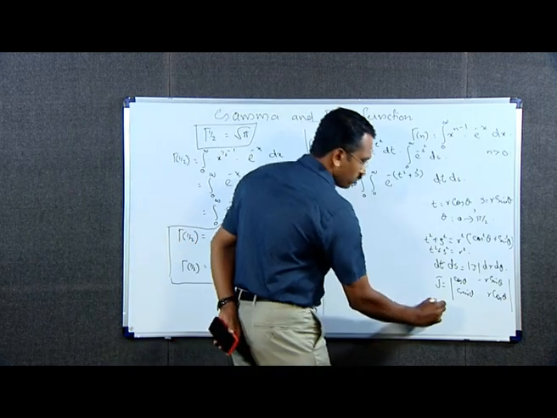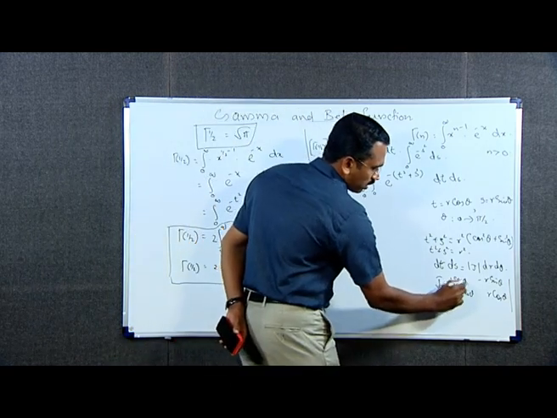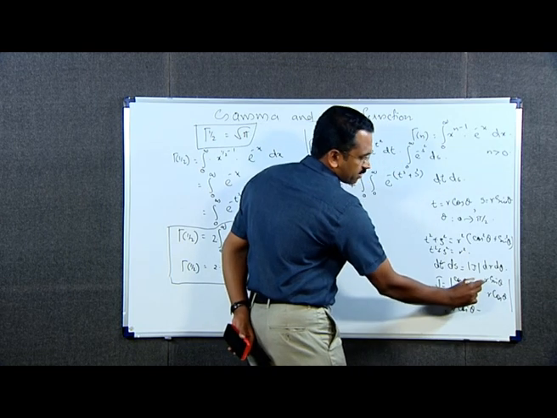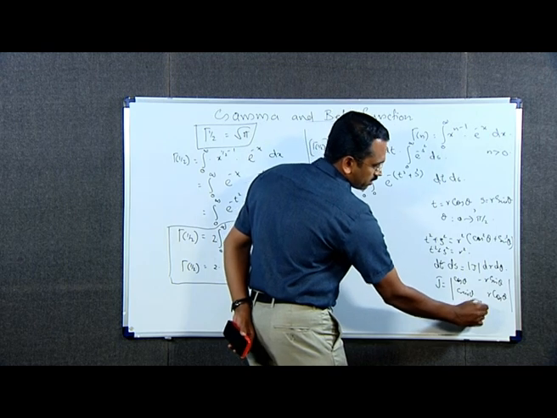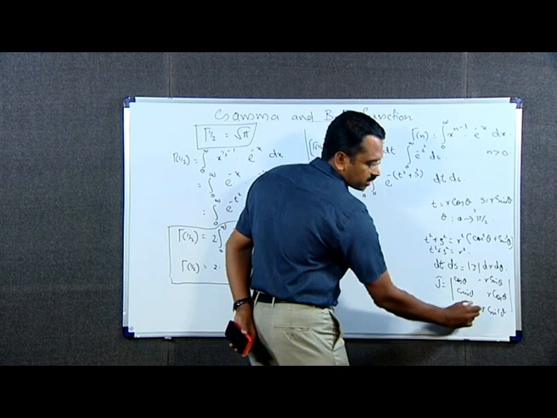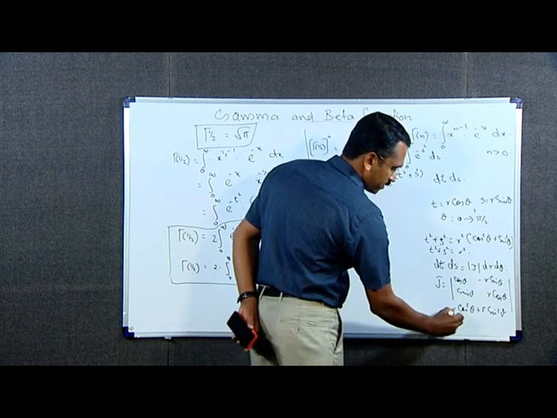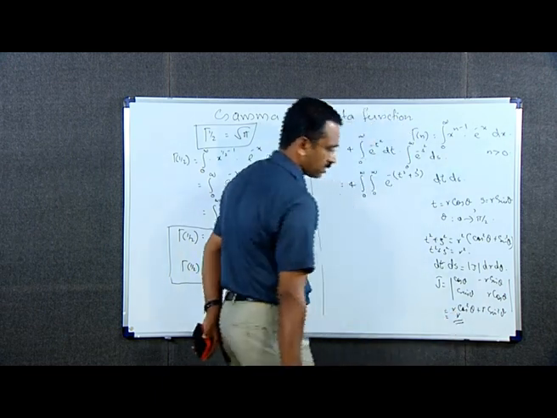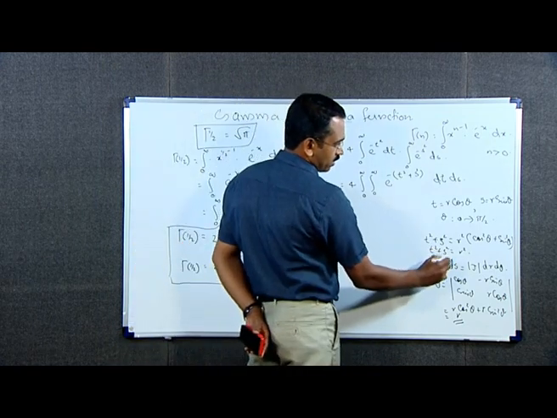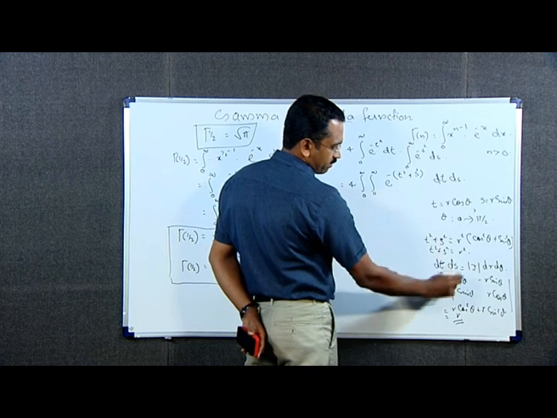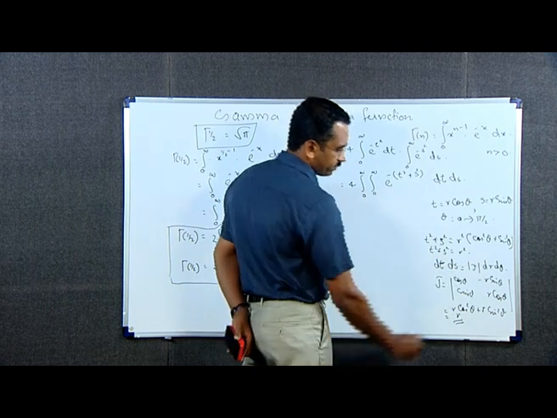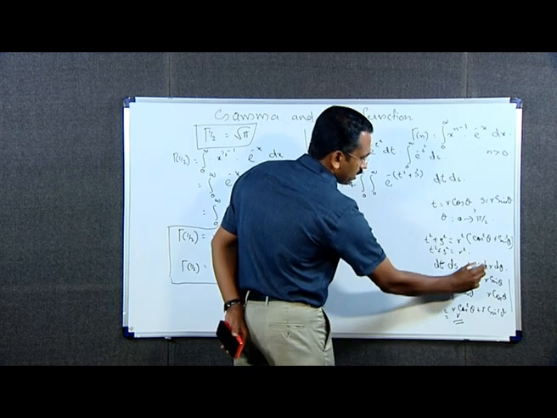Which is equal to r cos square theta minus of minus r sin square theta, that is r into cos square theta plus sin square theta, which is equal to r into 1, that is r. Therefore this dt ds will become r dr d theta.